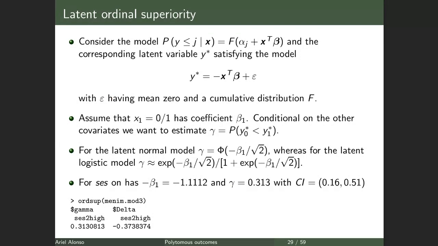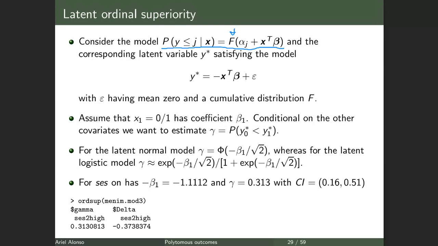Now, if you like to interpret these models in terms of the latent variable, then you can come out with a couple of very nice results. So suppose that you have this cumulative link model over here, where F doesn't need to be a logistic. A different F can be a probit, for instance.